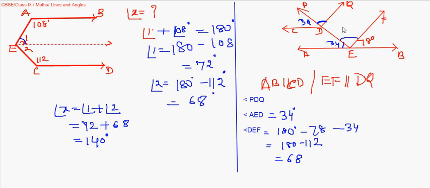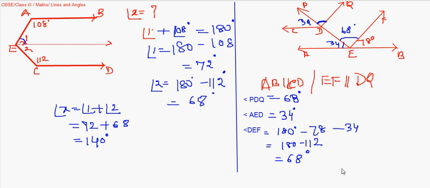Now this being 68, angle PDQ is equal to angle DEF. They are also corresponding angles, as DQ is parallel to EF. So PDQ will also be 68 degrees.